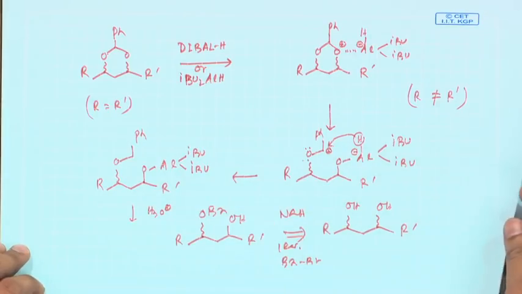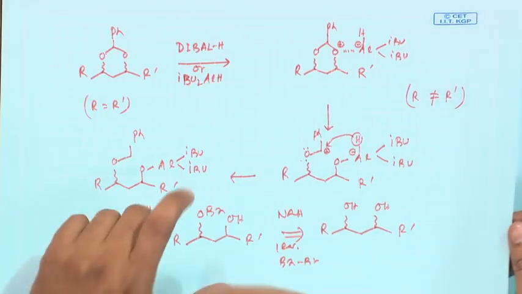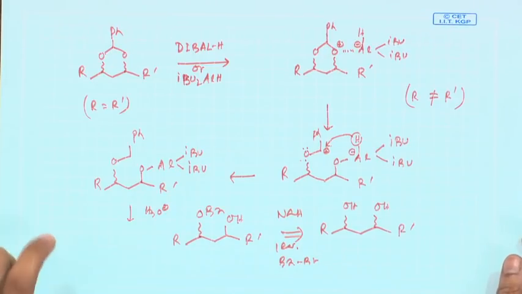You make the benzylidene acetal, and actually when these 1,3-diols are not symmetrically substituted, you can protect them with the help of the benzylidene acetal or the corresponding paramethoxybenzylidene acetal, and then cleave the acetals in the presence of a bulky hydride donor like DIBAL, and you get the unsymmetrical opening, the mechanism which you have just now shown here.